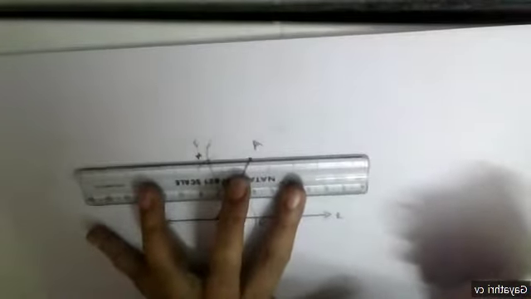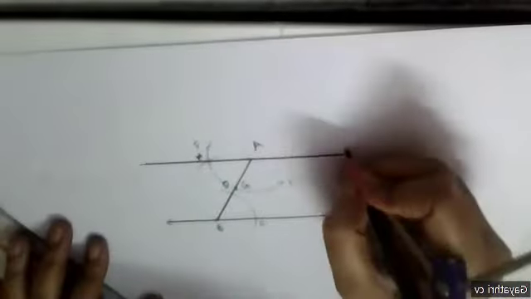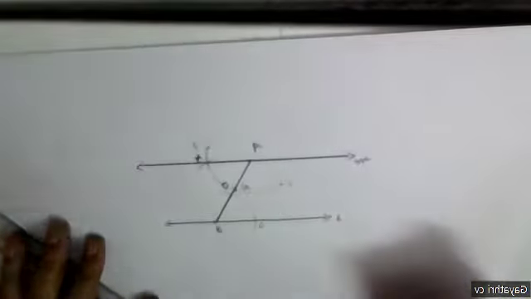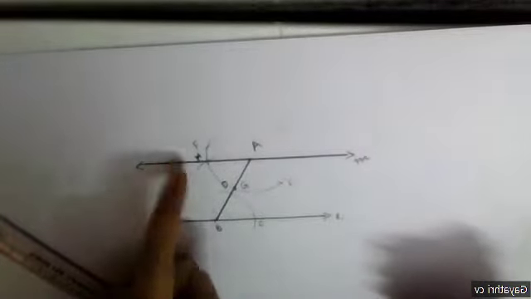Now let's call this point H. Now just join A and H and draw a line joining A and H. Let's call this line M. And we can see that line M is parallel to line L.